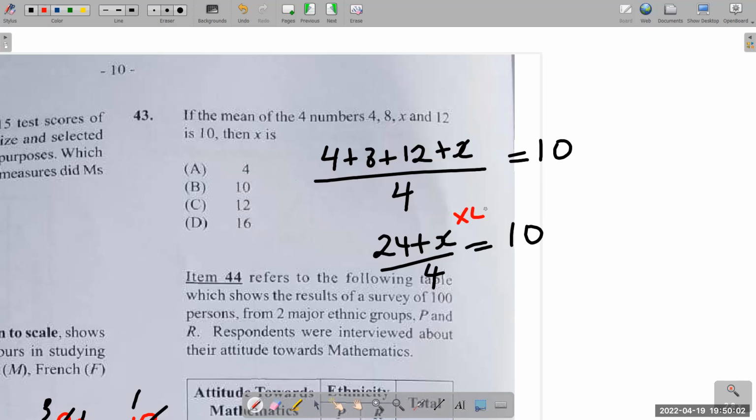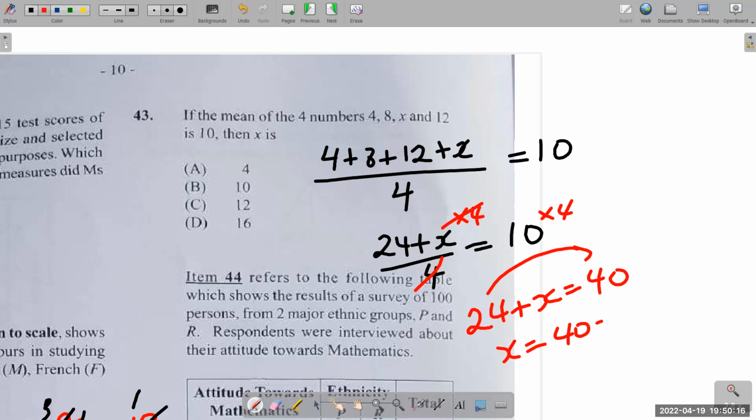When we multiply by 4 on both sides, this and this cancels. So you're going to end up with 24 plus x is equal to 40. And we should know how to get x, right? We carry over the 24. So x is equal to 40 minus 24, which is 16. Everybody good to go with that?